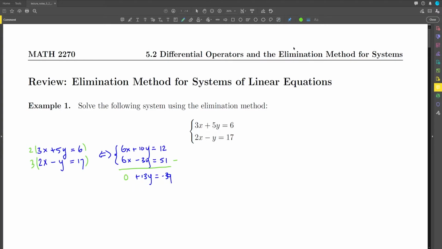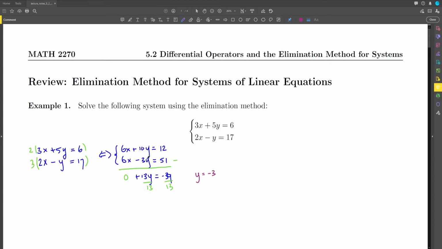We divide by 13 on both sides, and then we get the answer y equals negative 3. To find x, we can substitute y equals negative 3 into any of these two equations.